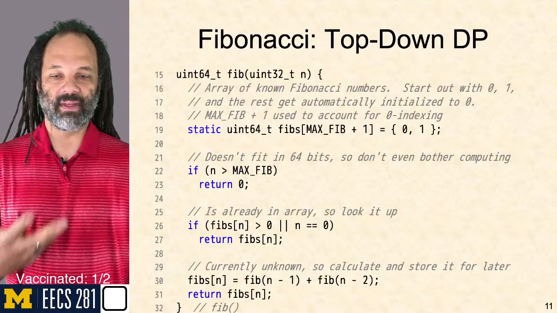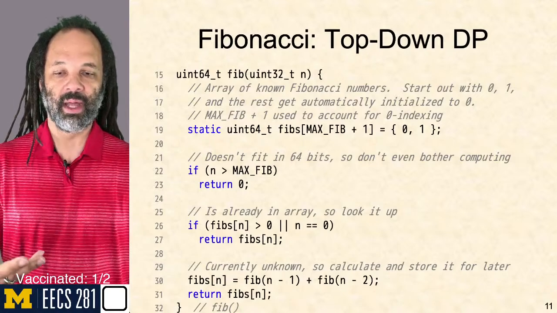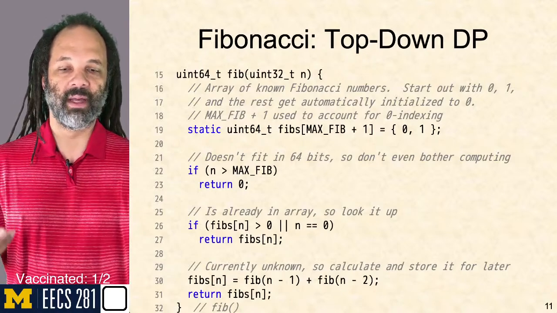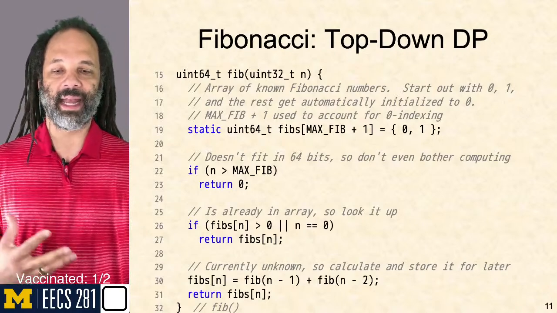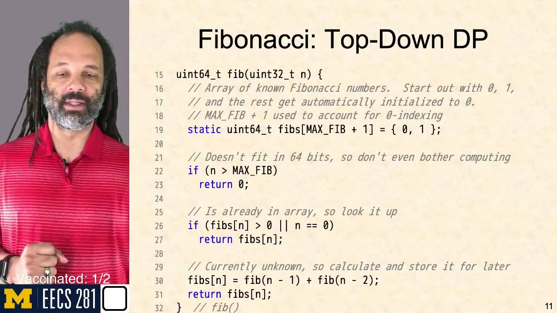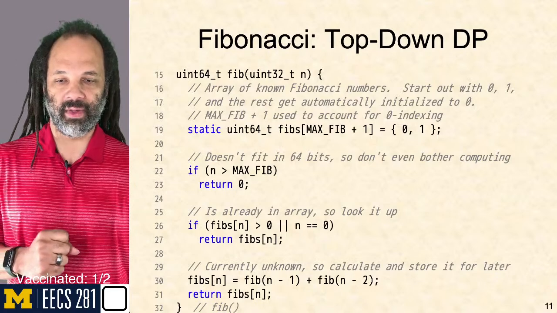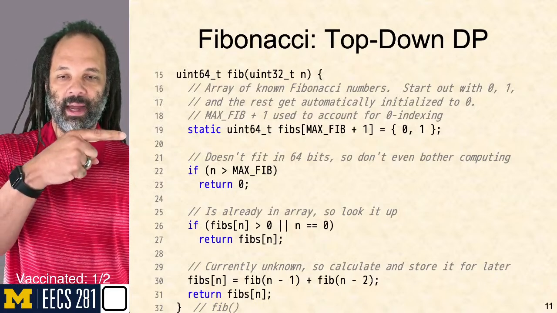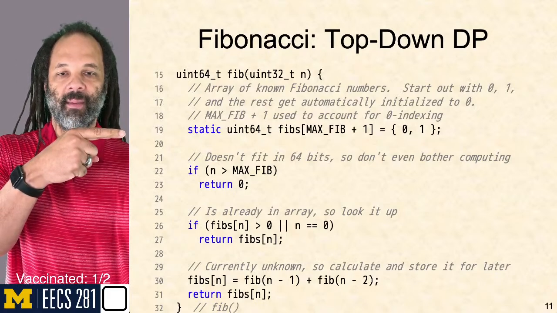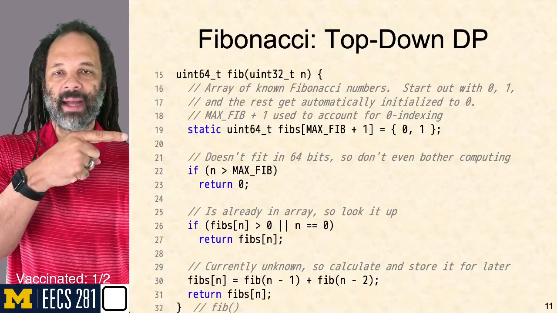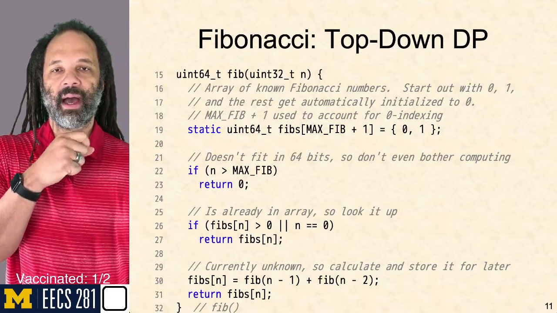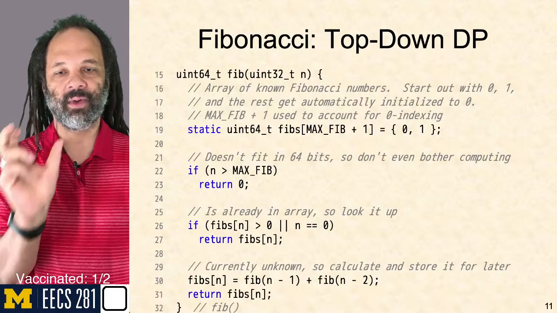So in the previous version of this function, I just said return fibs of n minus 1 plus fibs of n minus 2. Instead, now I'm going to write that into some memo, and that memo is declared right here in line 19. That memo is called fibs, and I mentioned earlier it was going to be of the size that I can count plus 1.